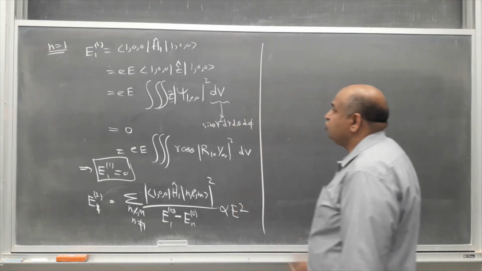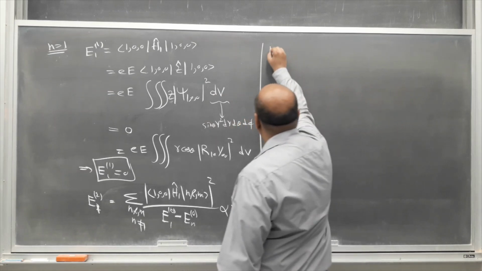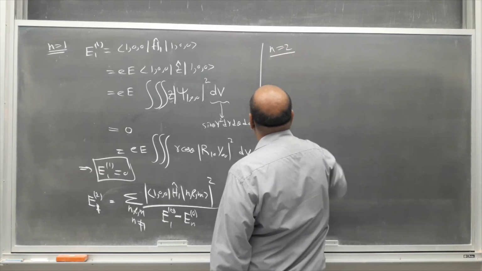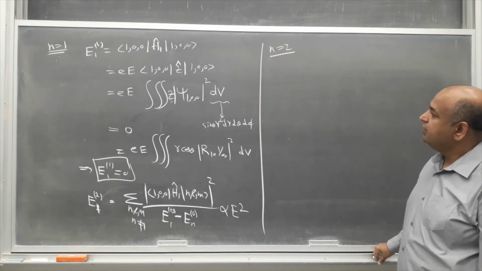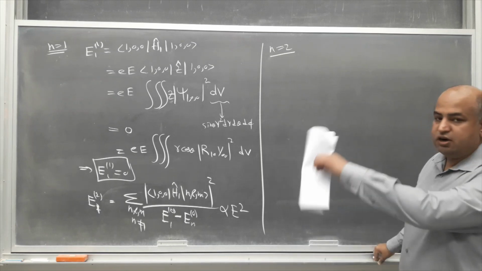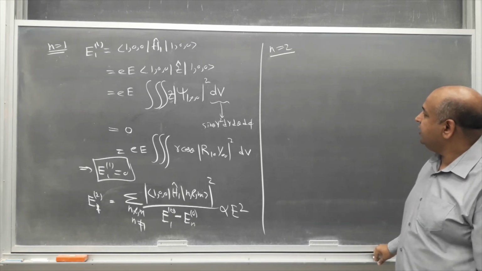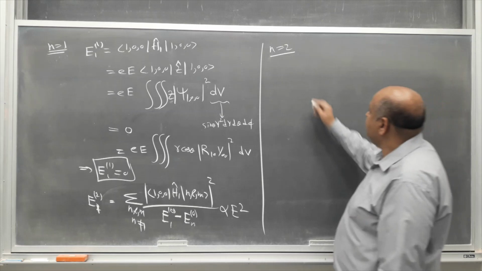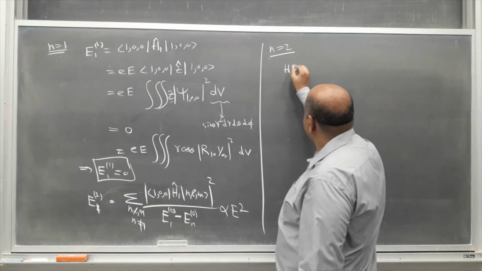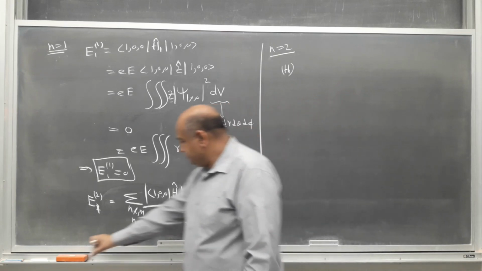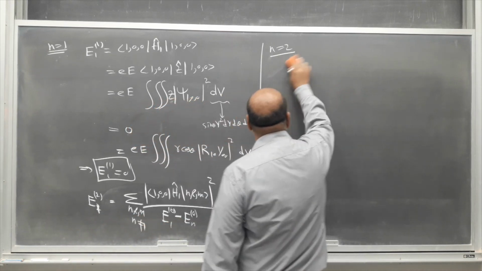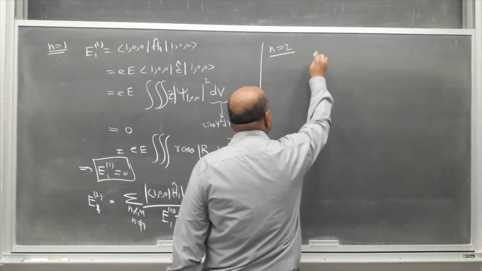So this is the n is equal to 1 state. Let's now see the n is equal to 2 state, and since it's a degenerate state, with fourfold degeneracy, we cannot use non-degenerate perturbation theory, and instead we have to solve this matrix. Let's label the states like this.